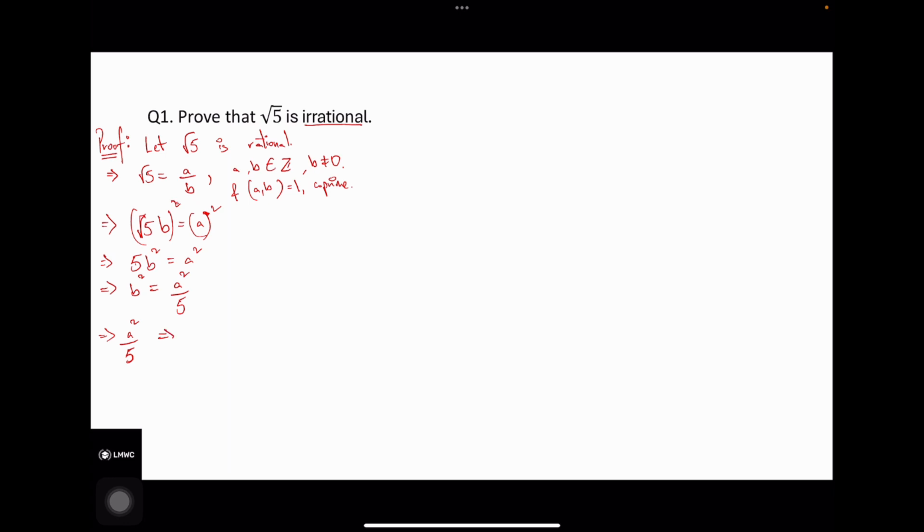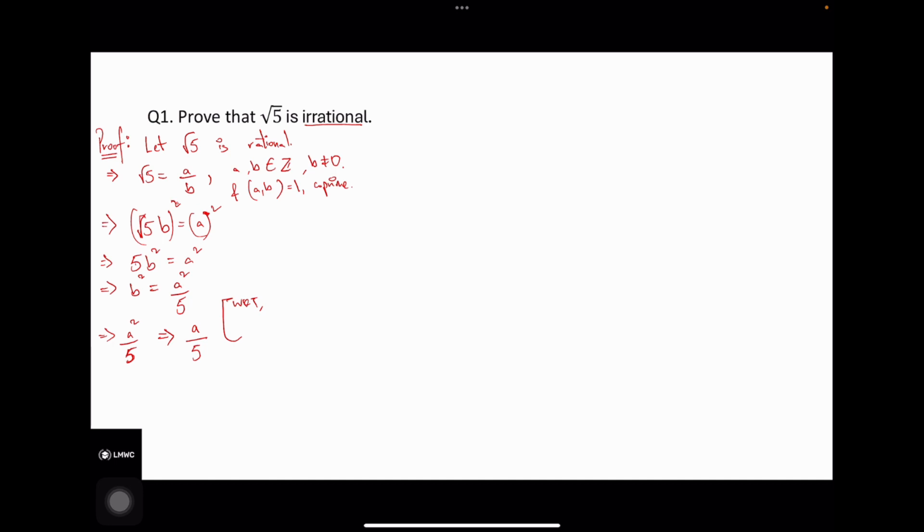And we know from a theorem that if a prime number divides a square, then that prime number has to divide the number a. For that, you can just mention it like this.